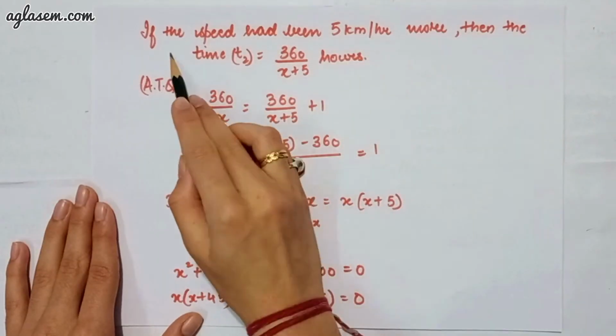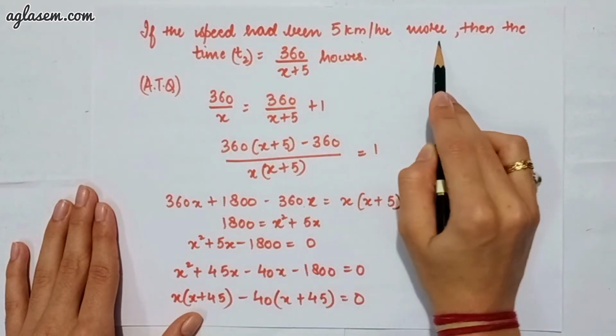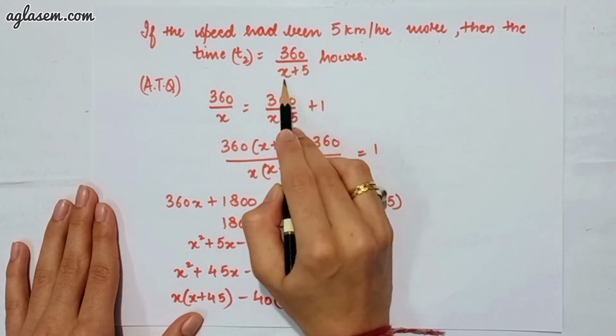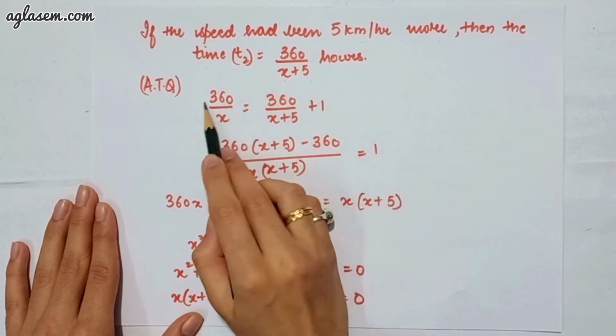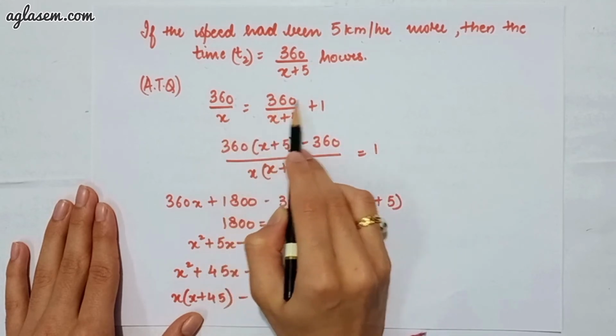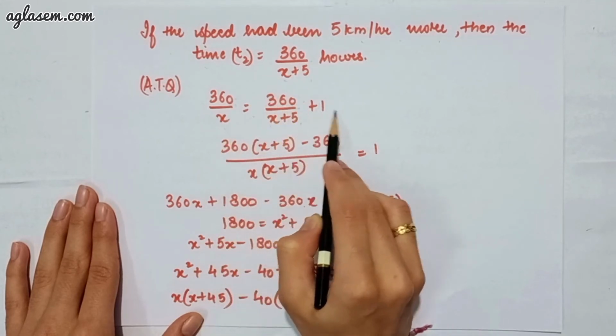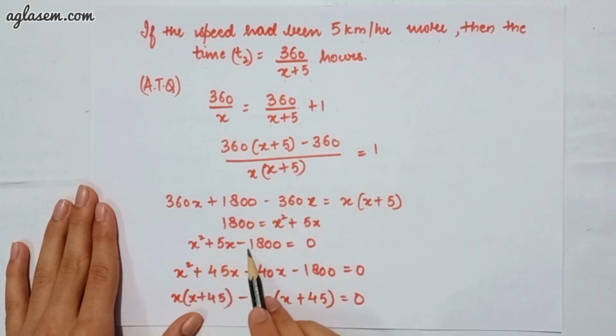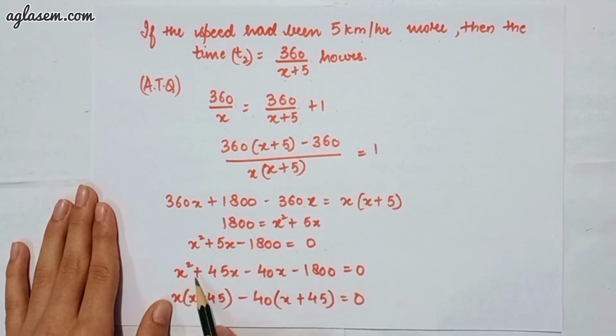Further solving it, if the speed had been 5 km more, that is given in the question, then the time will be 360 divided by x plus 5 hours. So now 360 divided by x is equal to 360 divided by x plus 5, plus 1. So solving it, we will get x square plus 5x minus 1800 is equal to 0. Now we have to do x square plus 45x minus 40x minus 1800 is equal to 0.